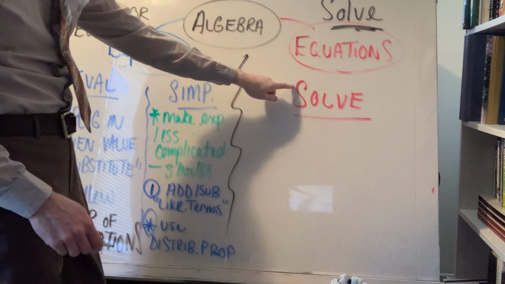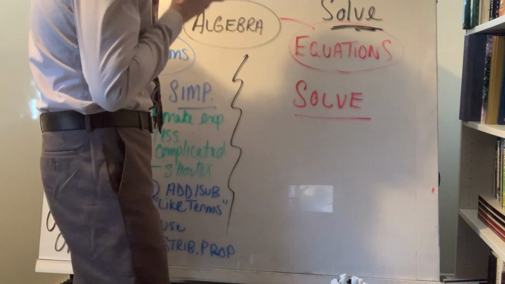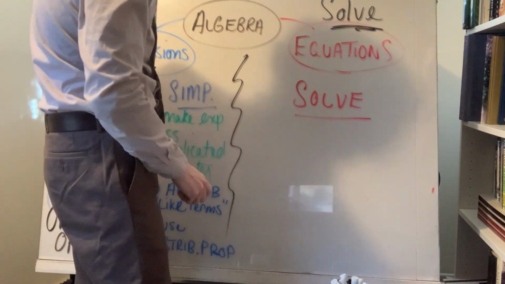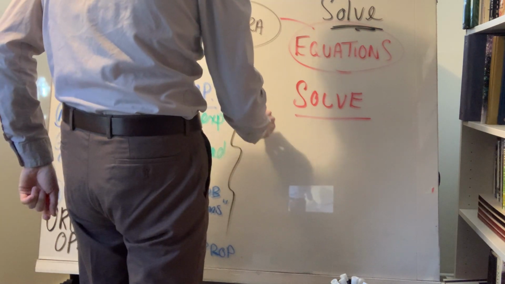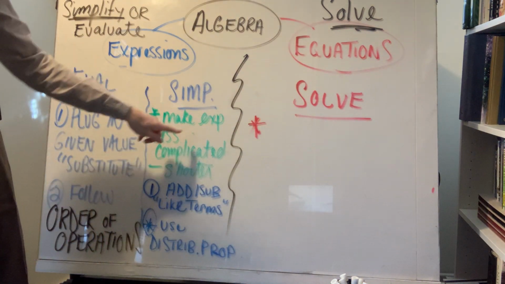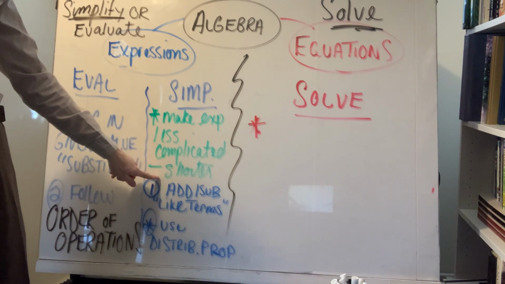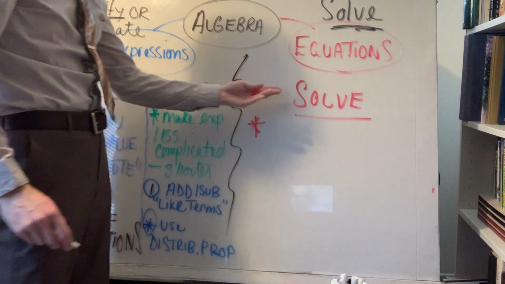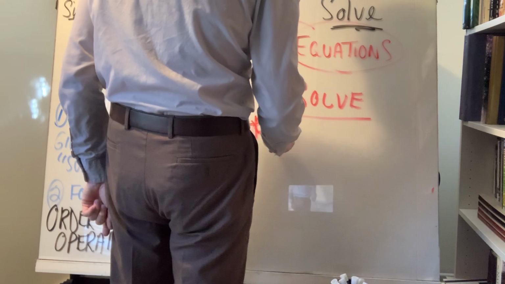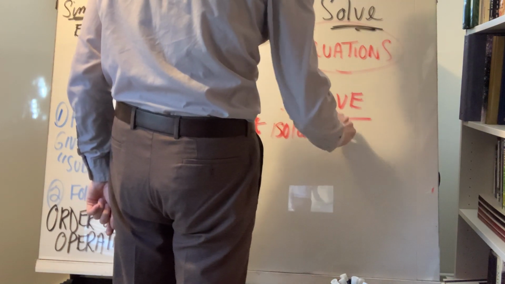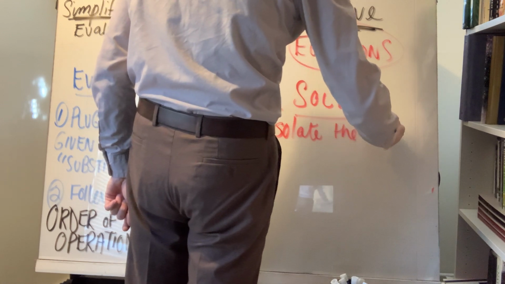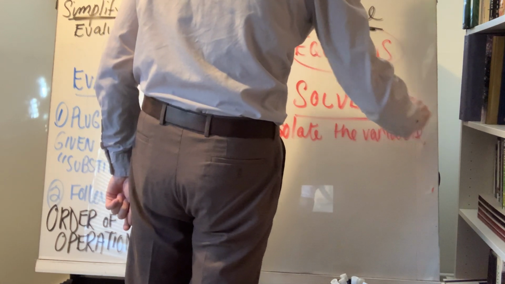The preliminary step here is to simplify if necessary, but mostly what you do is this. In this instance, simplifying is making an expression less complicated, that is to say, it's shorter. To solve is to isolate the variable. Right?